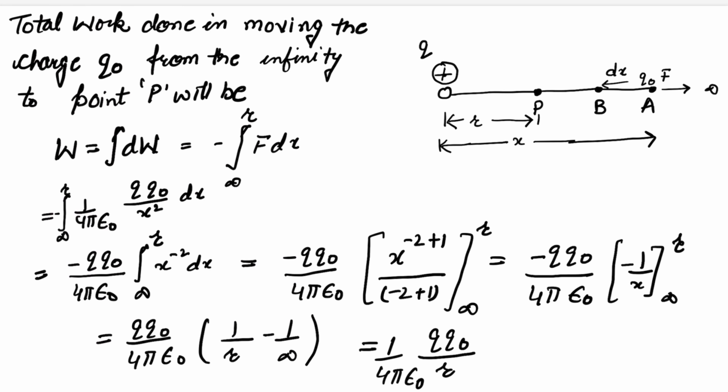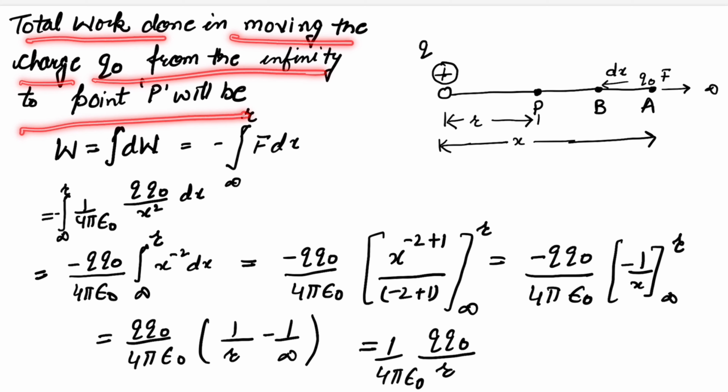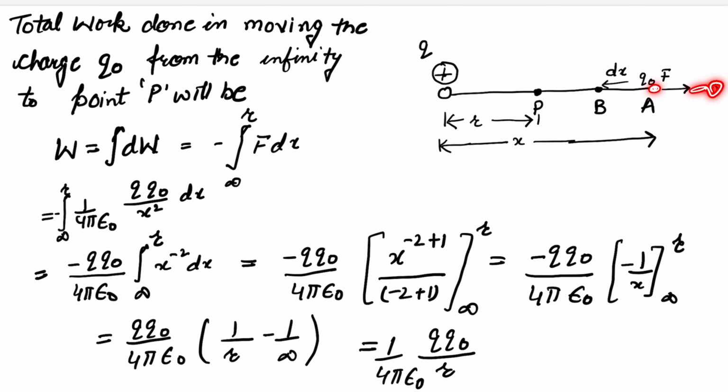Then to find out the total work done in moving the charge q0 from infinity to point P, we take integration of that small amount of work with the limits varying from infinity, since we started the journey from infinity and we are reaching toward the point P, which is at a distance r. So the limits are from infinity to r.